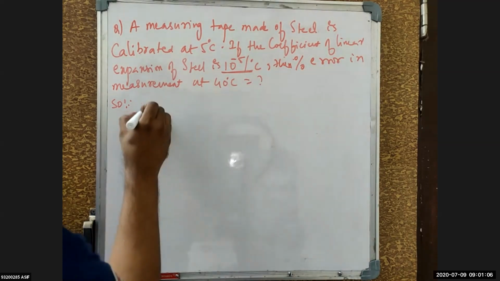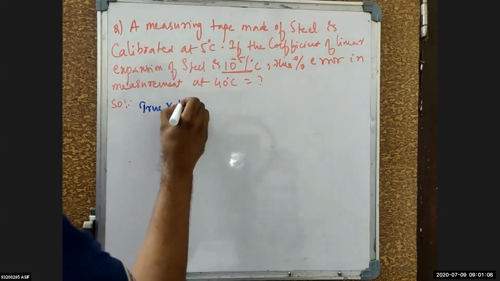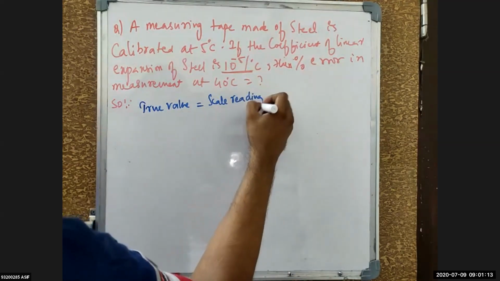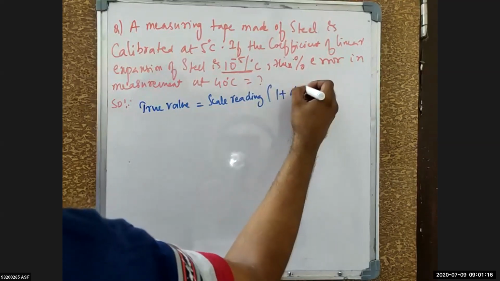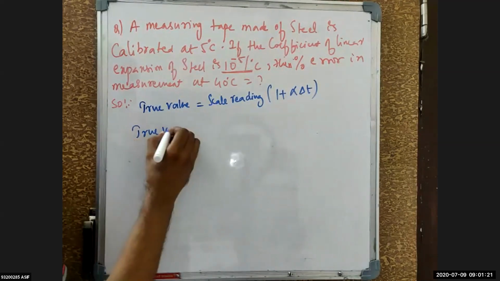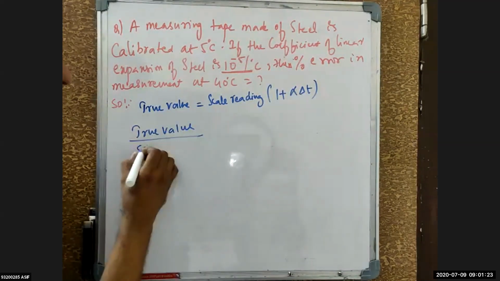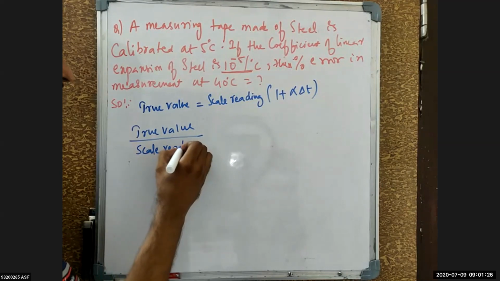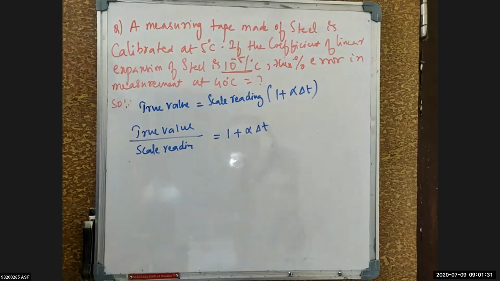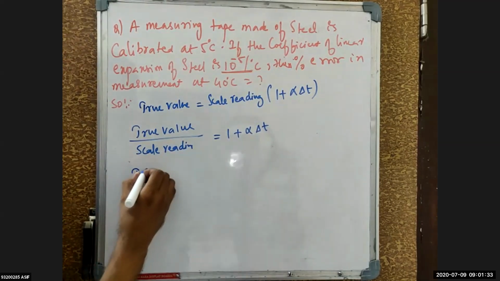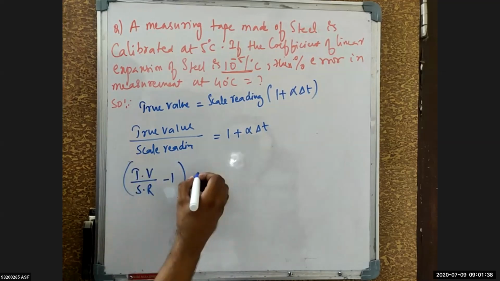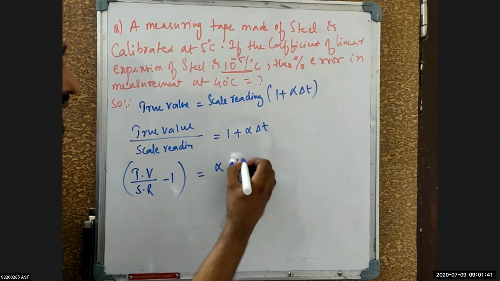What is the formula? True value is equal to scale reading into 1 plus alpha into delta t. So I can write this as true value divided by scale reading is equal to 1 plus alpha into delta t. If I take the minus 1 across, true value divided by scale reading minus 1 is equal to alpha into delta t.